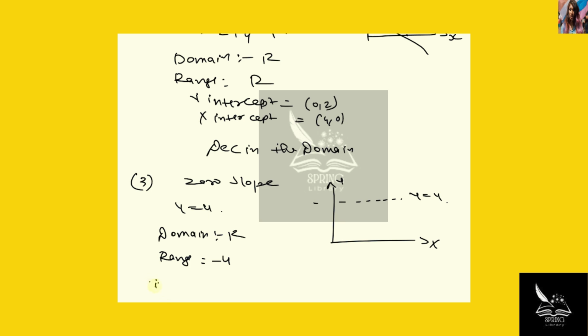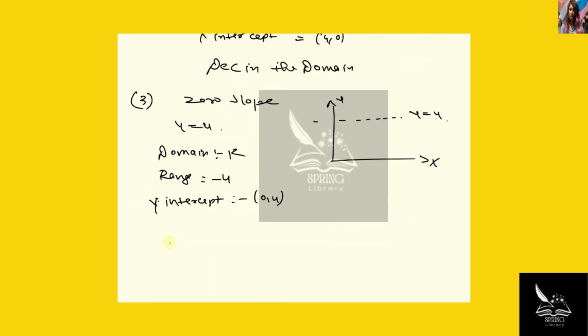The y-intercept is (0, 4), whereas the x-intercept is none. There is no x-intercept. It is a constant function, neither increasing nor decreasing. So this is the constant function.